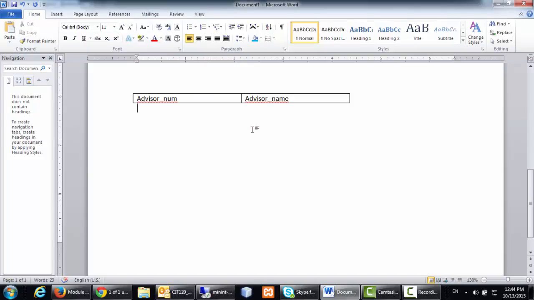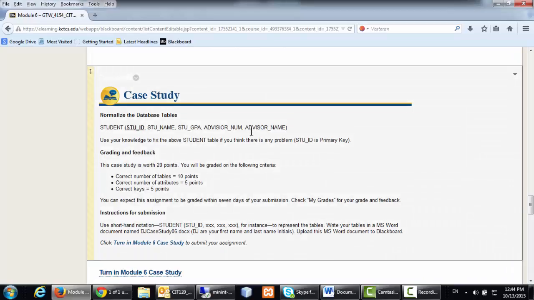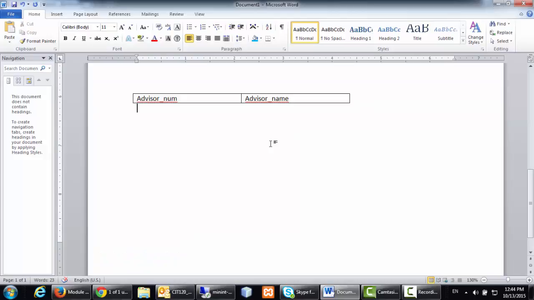If you create a new table called advisor, a separate table for advisor, what's the relationship between advisor and student? Usually, one advisor can have many students, and one student can only have one advisor advising him. So after I have an advisor table, the student table is going to be something like this.